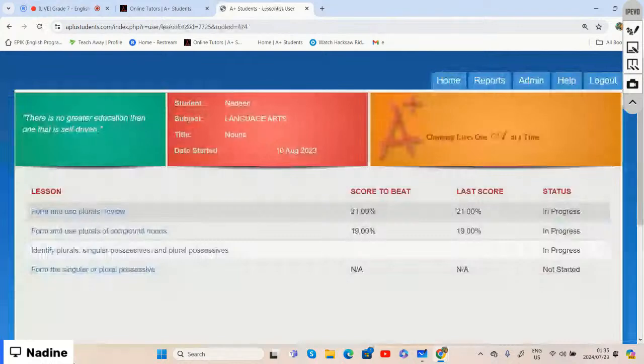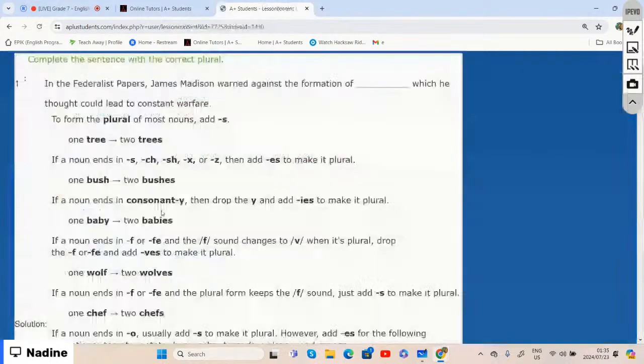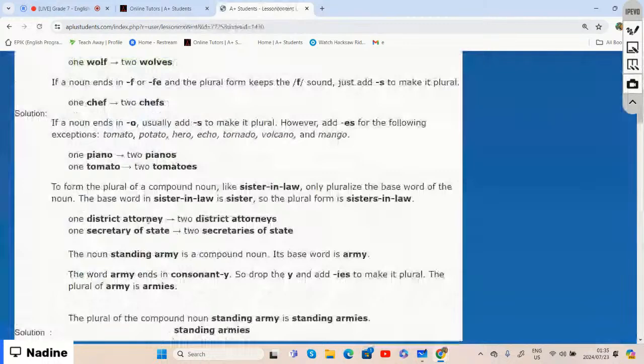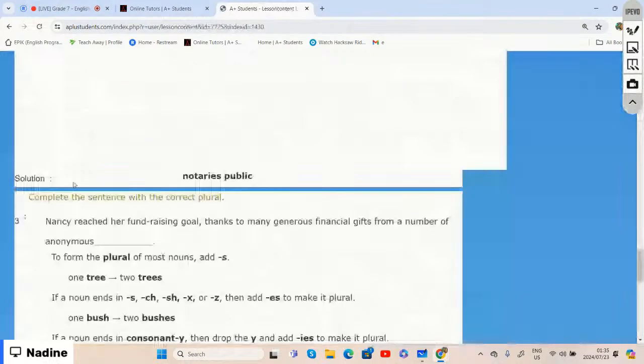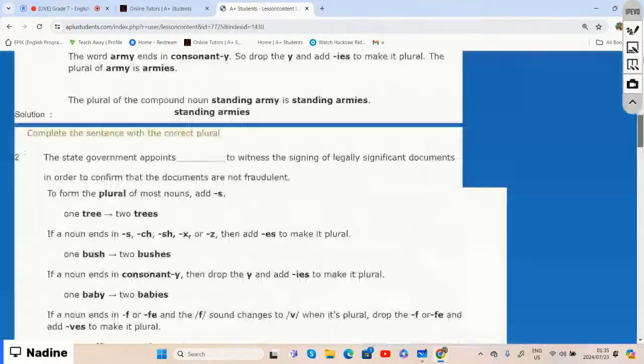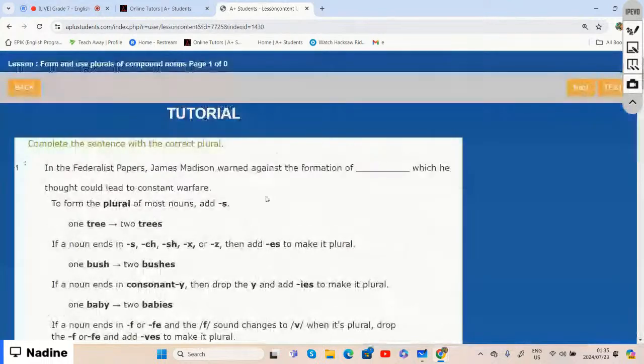All right, so now we're going to form and use plurals with compound nouns. When it comes to compound nouns, a compound noun consists of two independent clauses that you join together with a coordinating conjunction such as and, but, or, and so.